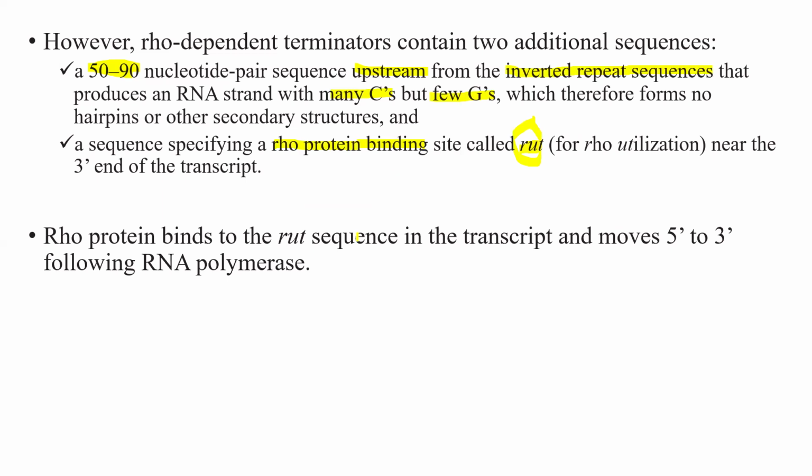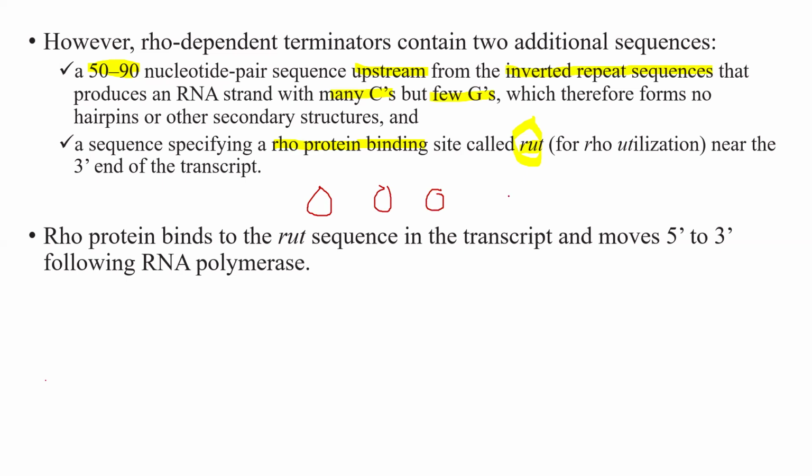So let's say this is the rho protein and it is bound to this RUT sequence. And after binding to the RUT sequence, this rho protein will run in the 5' to 3' direction. So after some time, it will come here. After some time, it will come here. And it keeps on moving in the 5' to 3' direction.